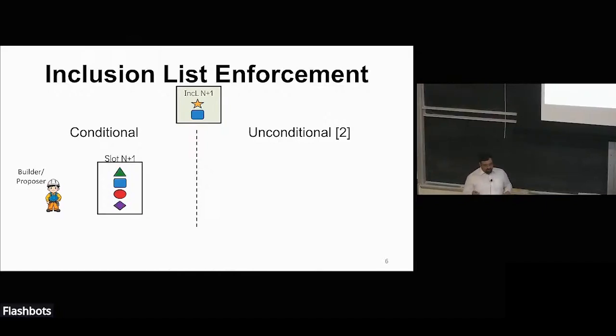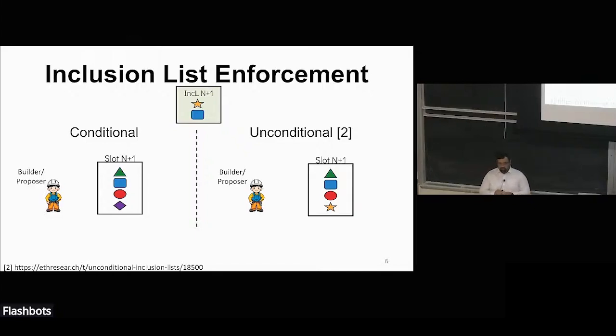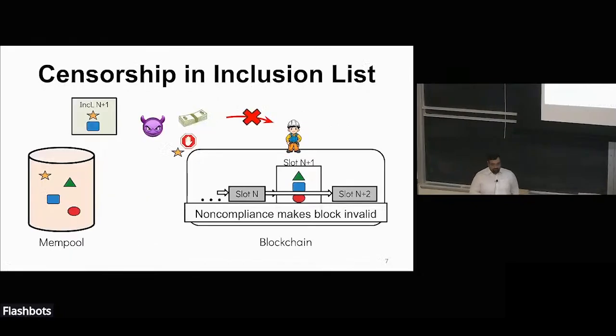If there is no space in the block, then the transactions can be excluded. Unconditional inclusion lists, however, do not allow that. Regardless of how many transactions there are in the block, the transactions in the inclusion list must appear in the block. Otherwise, the block would be considered invalid. The AUCIL design is based on an unconditional inclusion list enforcement scheme, and that's what we'll be focusing on.